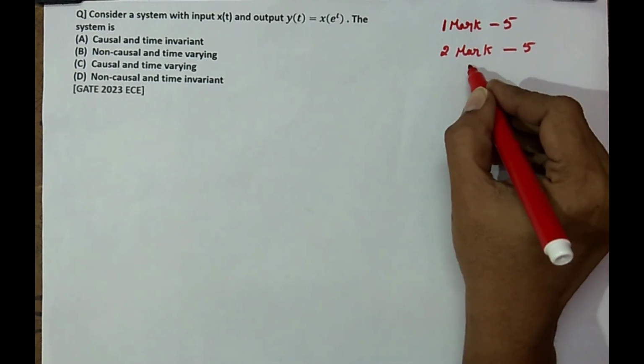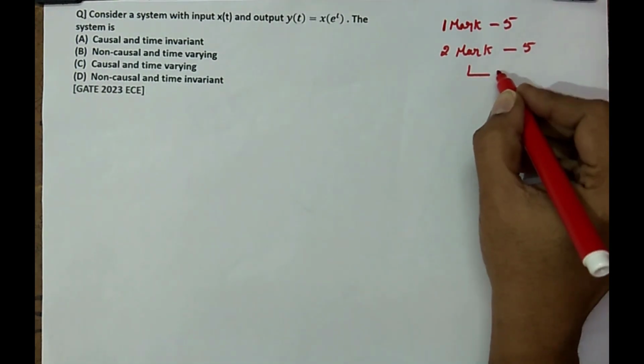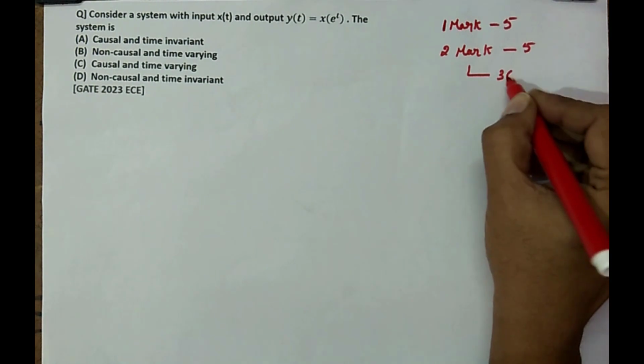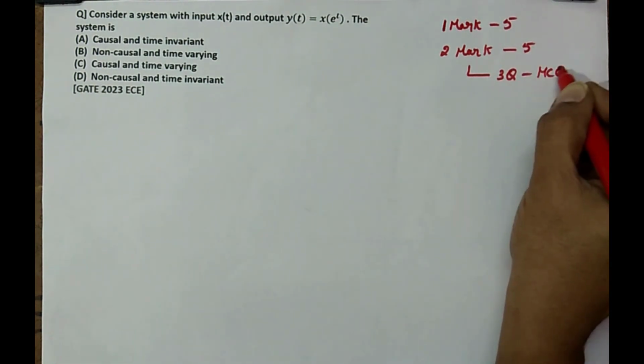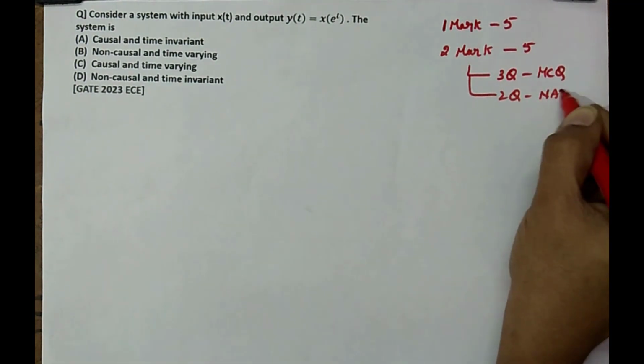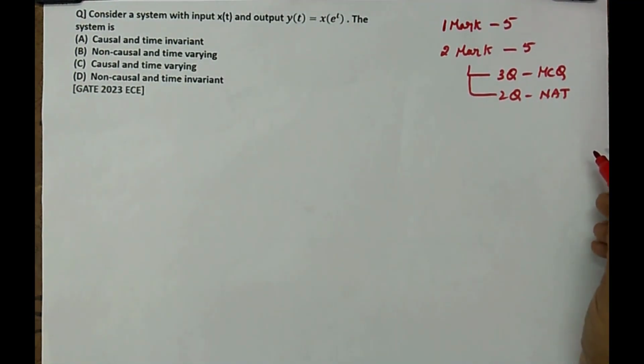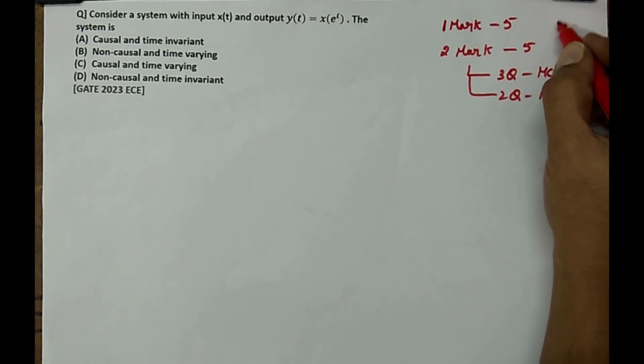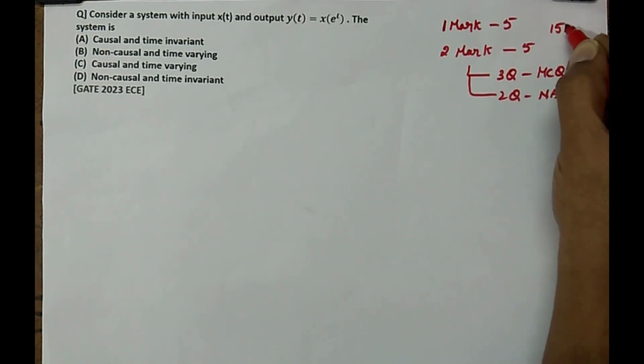And these 2 mark questions, 3 questions are MCQs and 2 questions are NAT, numerical answer type. Totally the weightage in GATE 2023 for SS is 15 marks.